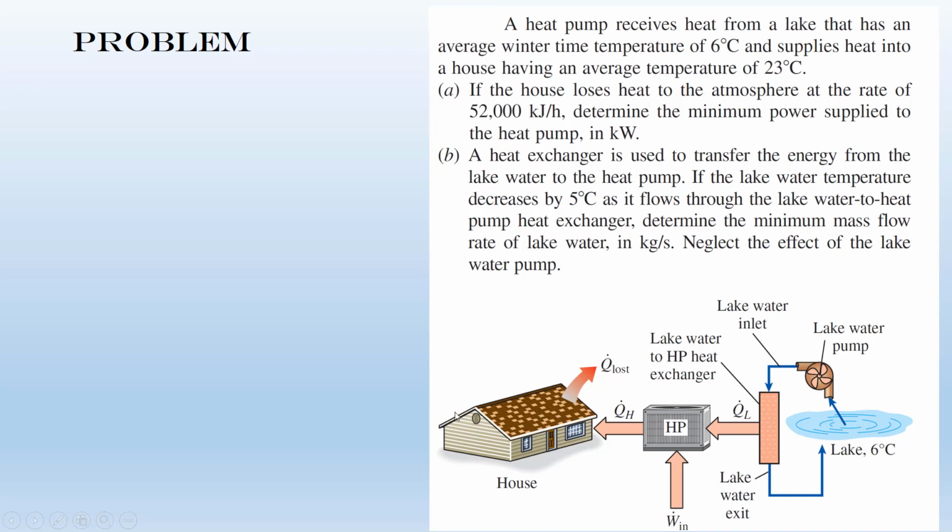Here, guys, we are lucky we have the schematic of this problem. However, if you don't have anything, you can simply draw the schematic. There is a house, a heat pump, and a lake. You have the temperature for the lake and for the house. Keep in mind that this house and lake can work as a heat source and heat sink.